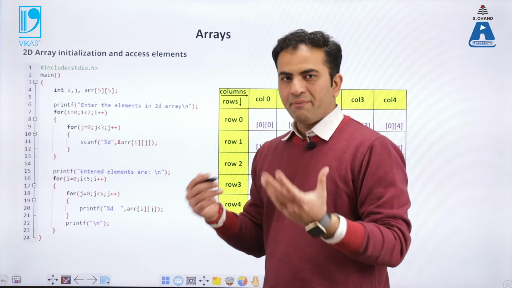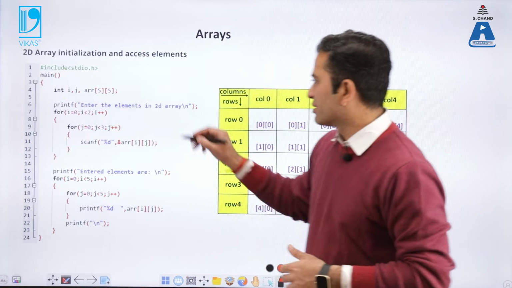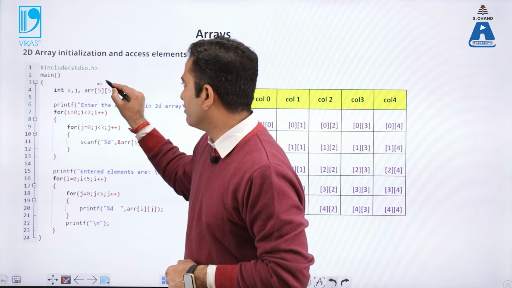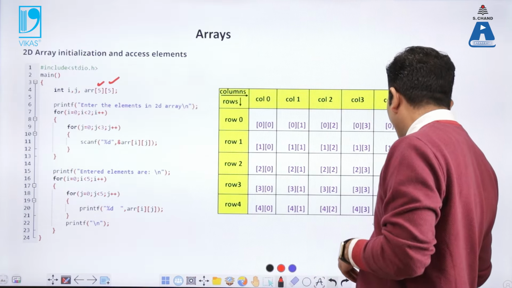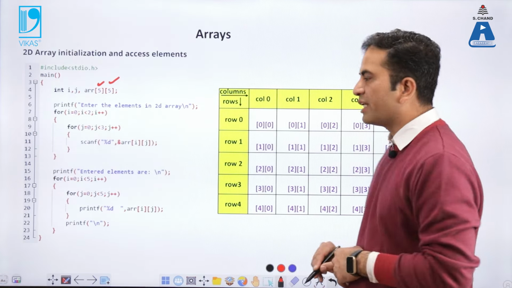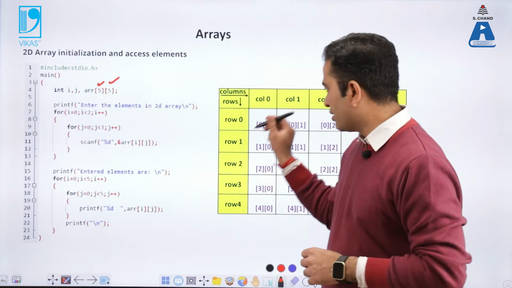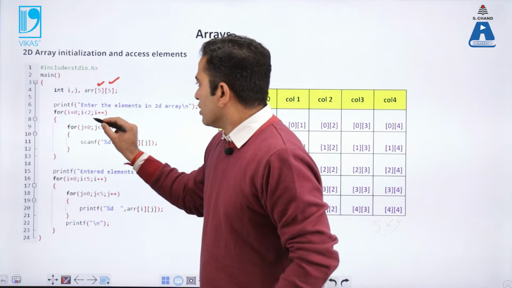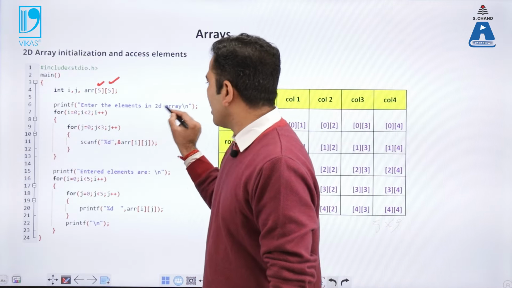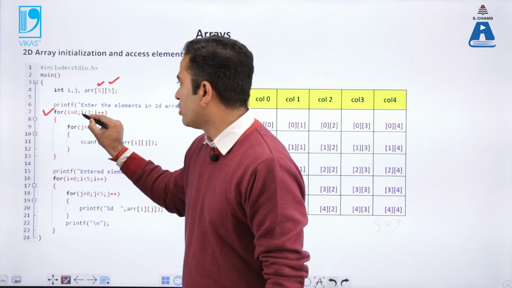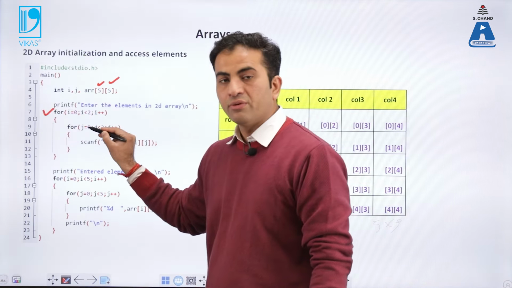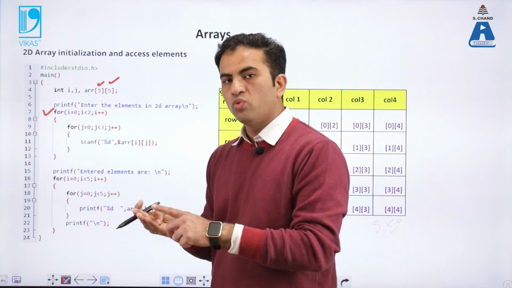A 2D array means a matrix, a two-dimensional matrix. So arr[5][5] means my matrix is 5 by 5 and we can save 25 elements in this matrix. Now enter the elements in a 2D array. My for loop is running from i = 0, i is less than 2, that means it will run 2 times only, 0 and 1.